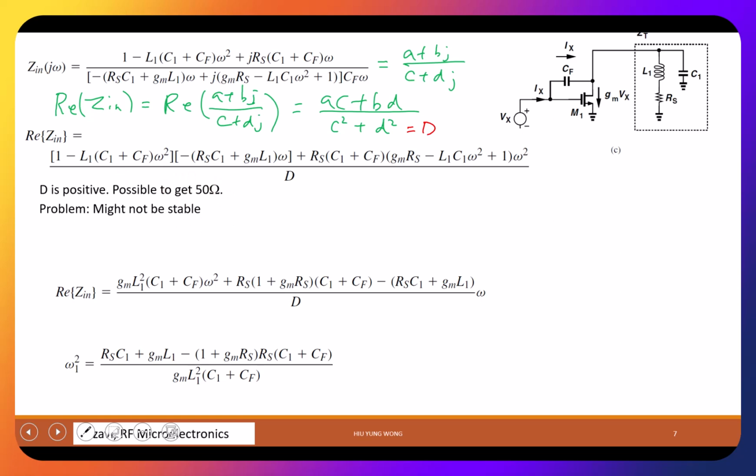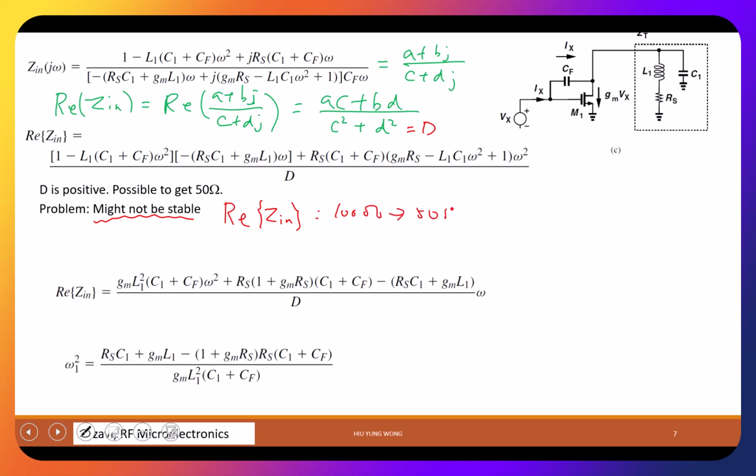But then we need to inspect this one. There is one problem. It might not be stable. Why is that? Because let me call this whole thing RC. Now, based on this, R in can be, let's say 100 ohm, based on the frequency, right?